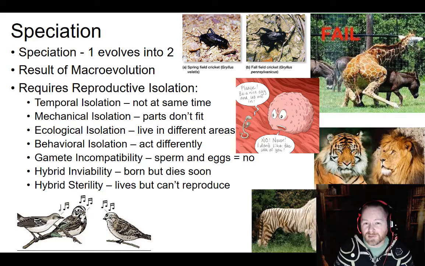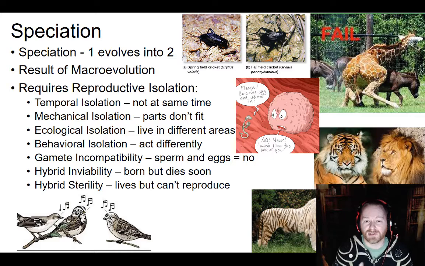Even if they are able to mate, and the sperm does go into the egg, sometimes the genetics aren't compatible enough to form a viable offspring. So a tiger and a lion, as we used as an example earlier, can actually breed with each other. And they form a liger. That's what Napoleon Dynamite rode around on, right? But a liger has major health issues.